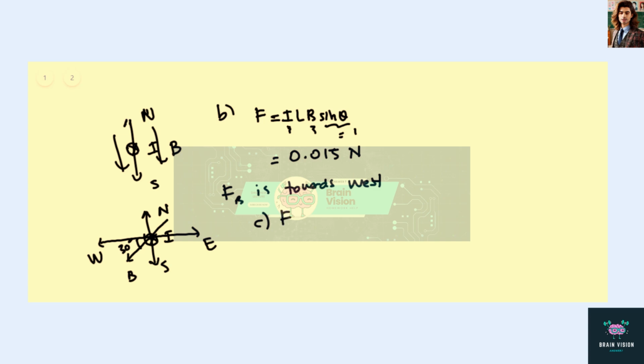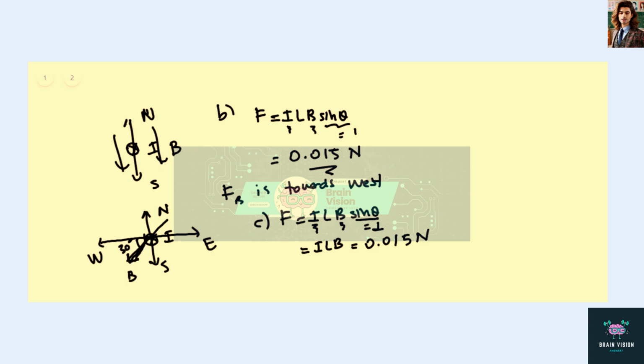When we do the calculation to calculate the magnitude of the magnetic force, we're going to get pretty much the same answer. The reason is that I is still perpendicular to B, sine 90 is going to give us 1, and I times L times B is going to give us 0.015 newtons. However, when it comes to the direction of F_B, we're going to have to use the right-hand rule. Remember, your thumb is aligned with the direction of the current, and the rest of the fingers are aligned with the direction of the B field.